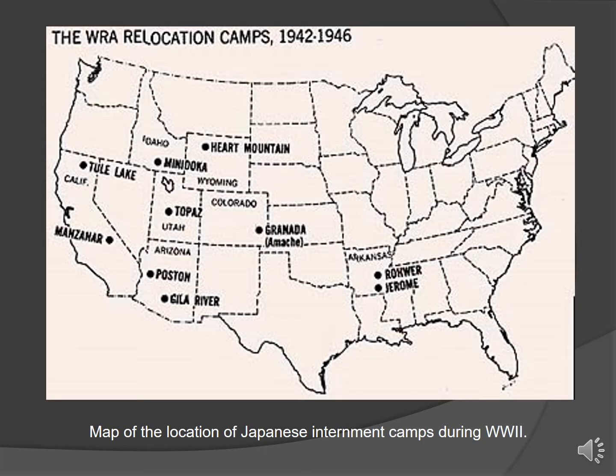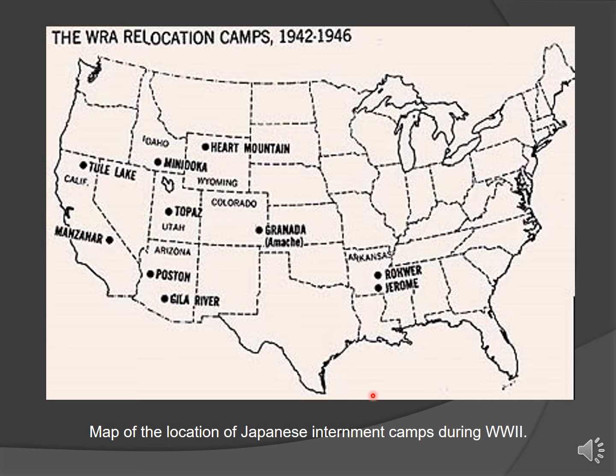So here we see a map of the different internment camps for Japanese people that were located throughout the United States. You'll notice that in California there are two, Manzanar and Tule Lake, but then there are multiple others across the West, and the farthest east that they go is in Arkansas. Some Japanese people will remain in these internment camps all the way until 1946.